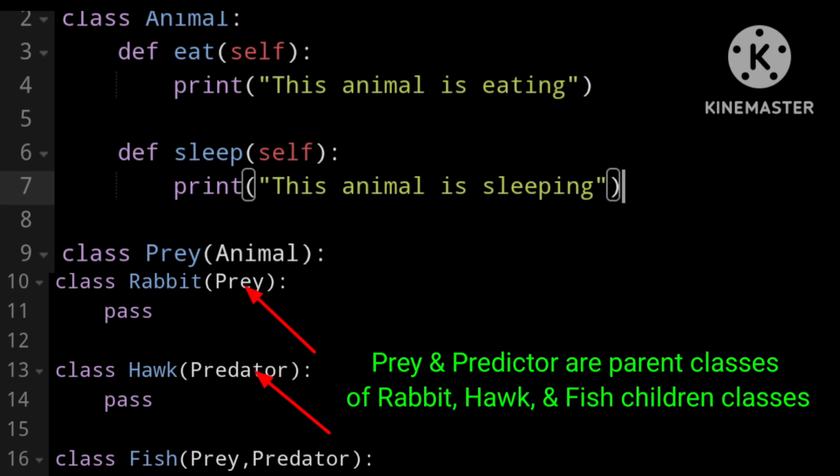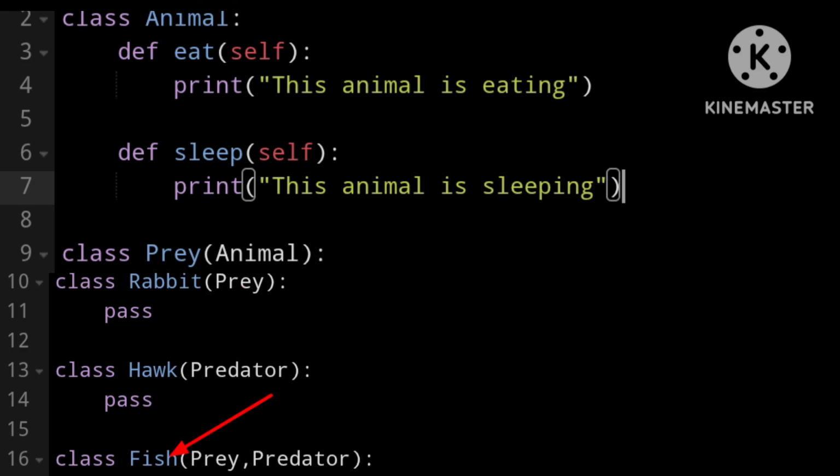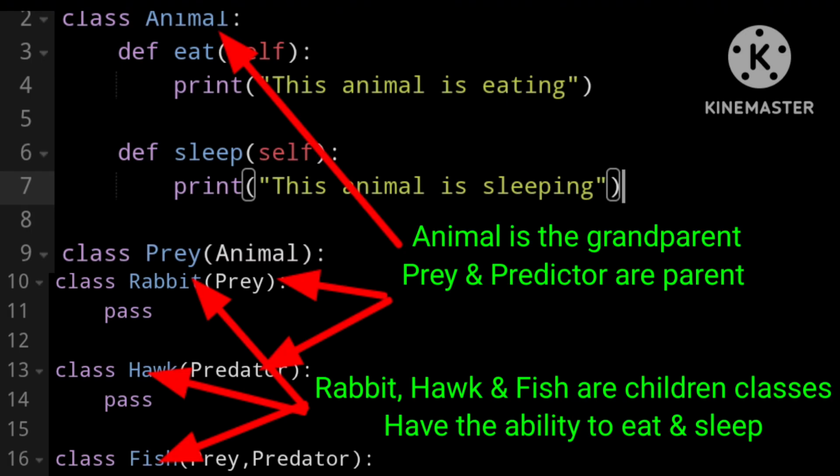Prey and Predator are those classes' parents, and Animal is the grandparent. Prey and Predator will inherit everything that the Animal class has. A rabbit, hawk and fish will inherit everything the Prey and Predator classes have.